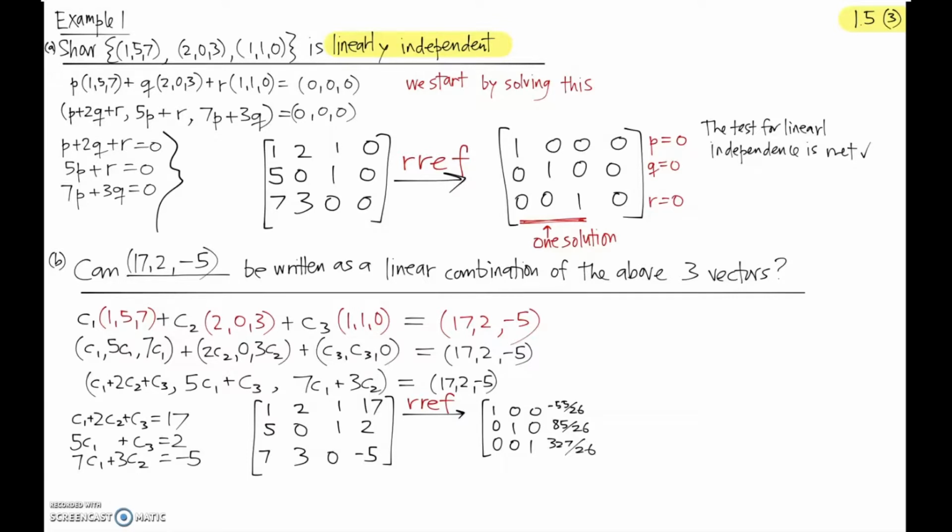So totally ugly numbers, but this system was solved, and it was solved where there was a unique solution, and this was our unique solution. Those were the C1, C2, C3s that made it work. And so we find that it was possible to write 17, 2, negative 5 as a linear combination of the three vectors. So it's not pretty, but it's possible.